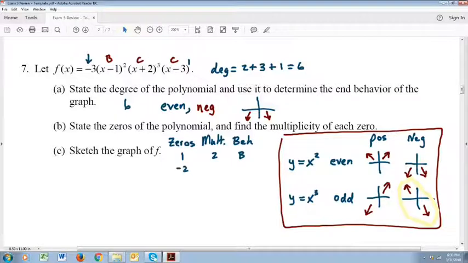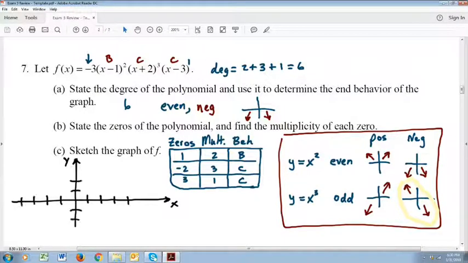Our next 0 would be negative 2, and we have an odd power there, so we cross, and the multiplicity is 3. For x minus 3, that tells me that 3 is a 0 and the multiplicity is 1, and so we're going to cross there.